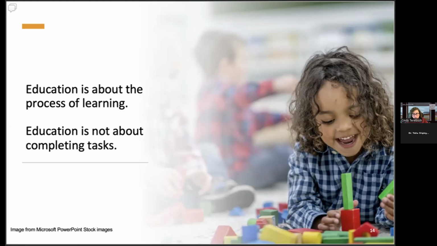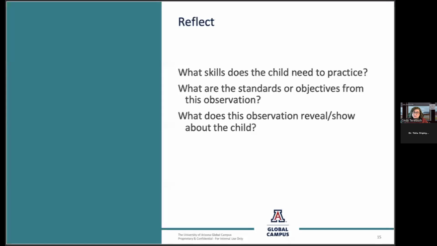And then we sit with the notes, the videos, the audio recordings, the work samples, the checklists, and we reflect. Our reflection includes 3 questions. What skills does the child need to practice? What are the standards or objectives from this observation? And what does this observation reveal or show about the child?